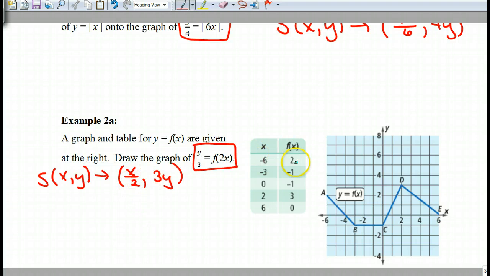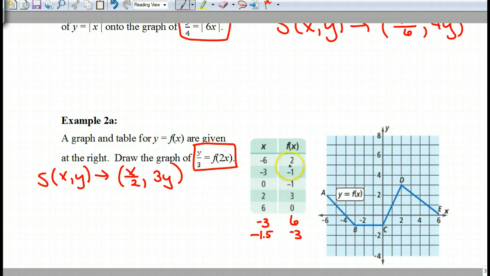Okay, so let's look at these and rewrite them as to what they're supposed to be now. If my x of negative 6 is going to be what? Negative 3. What's my new y for that one? Yep, 6. So 2 times 3 should be 6, right? What's negative 3 divided by 2? Negative 1.5, yep. Negative 1 times 3.